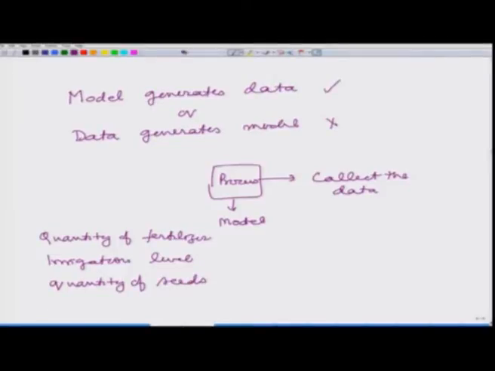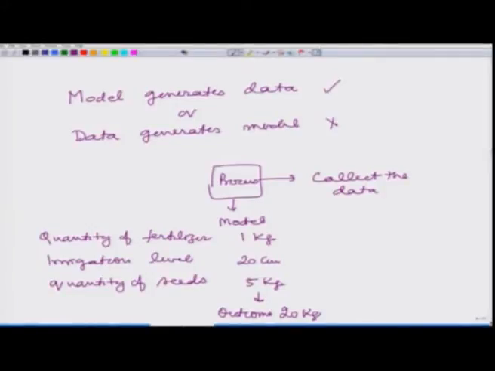These are the 3 variables we consider, and we assume that they are going to affect the yield of a crop. Now suppose I use 1 kg of fertilizer, 20 centimeters of irrigation, and 5 kg of seeds, and based on that I observe some outcome of the yield. Say I get 20 kg of yield, right?